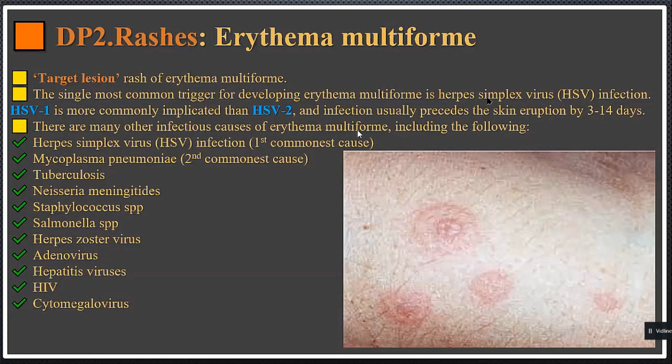The most common cause is herpes simplex virus type 1, the second is mycoplasma pneumonia. You have to be familiar with the commonest and second commonest causes. Other causes include TB, Neisseria meningitidis, staph, salmonella, herpes zoster, adenovirus, hepatitis virus, HIV, and cytomegalovirus. But again, the most common is herpes simplex virus type 1.